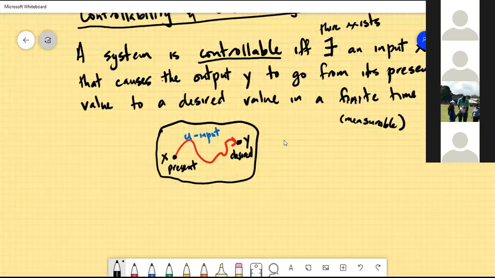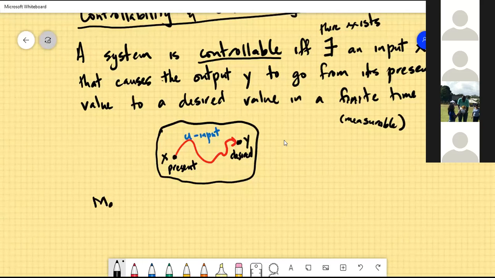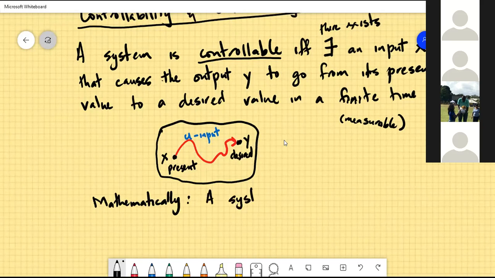So, mathematically, we can determine that if we know the parameters of the system, the system matrix and all those types of things, we can determine mathematically if a system is controllable.